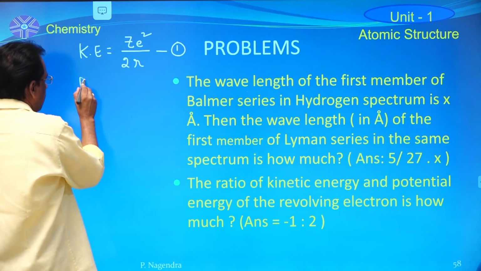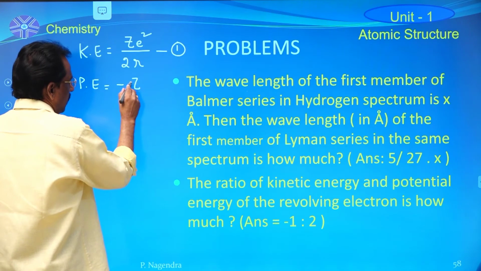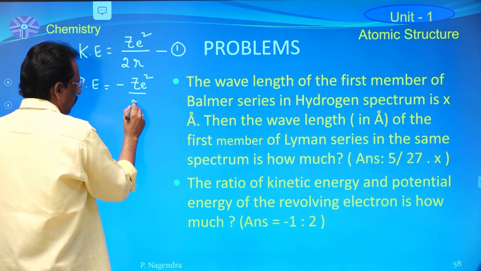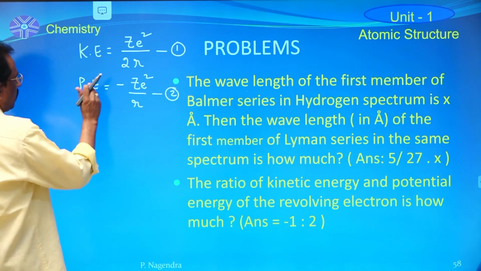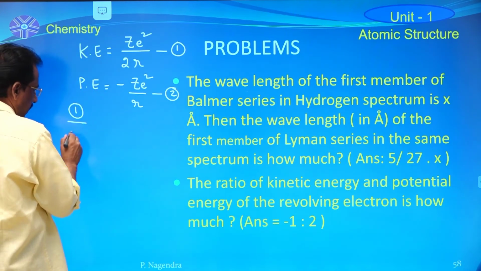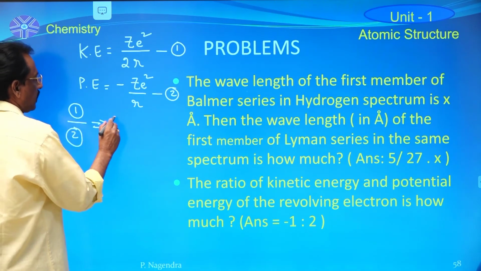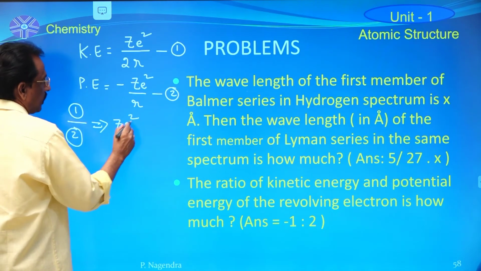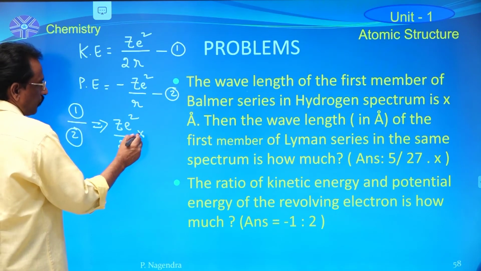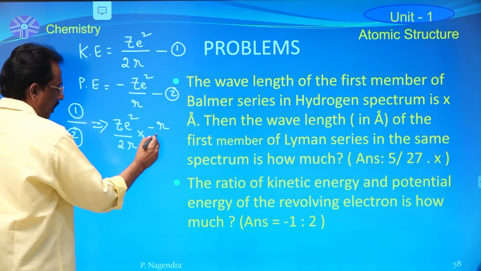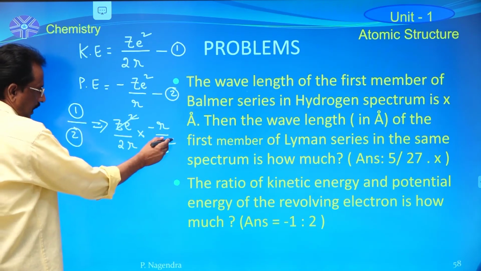And the potential energy of the revolving electron is minus Ze square by R. Now the ratio between kinetic energy and potential energy is Ze square divided by 2R into minus R by Ze square.